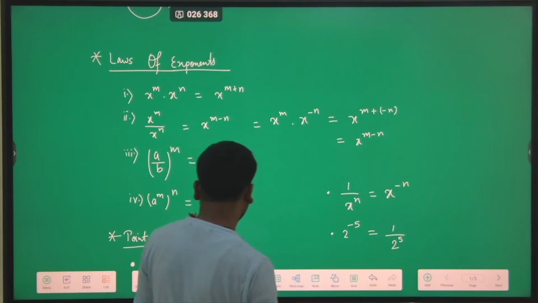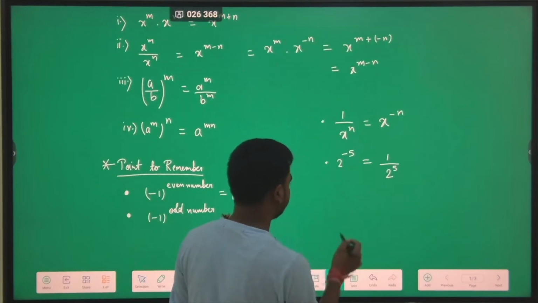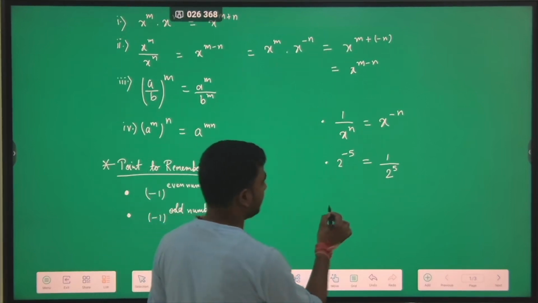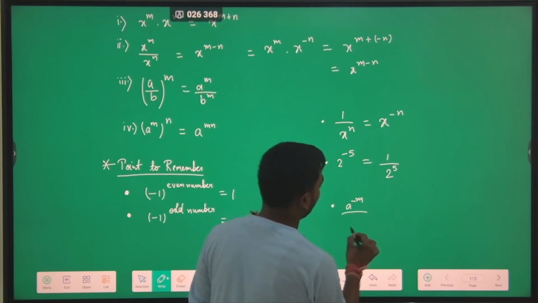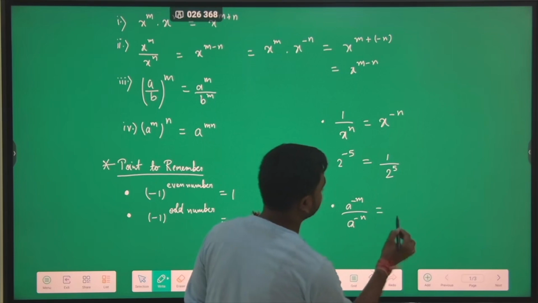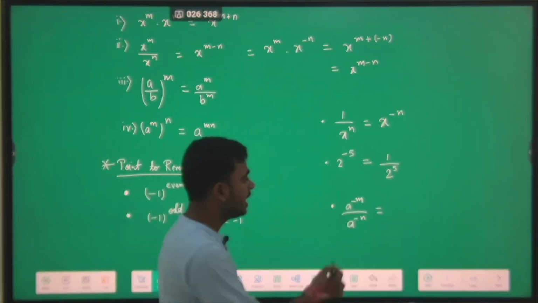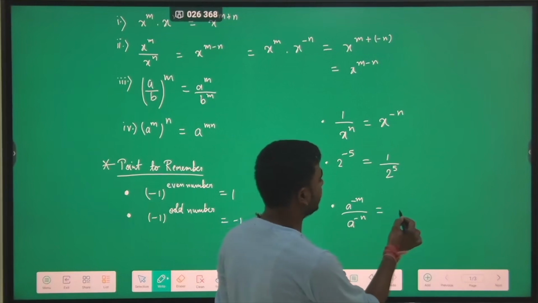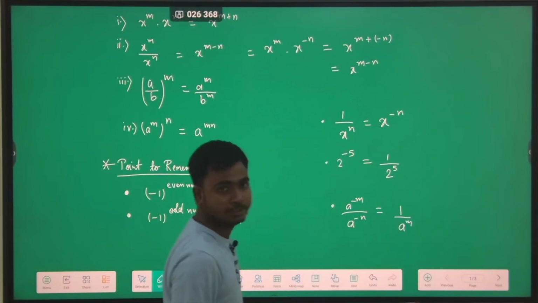If it is written a to the power minus m whole divided by a to the power minus n, what does this imply? I can write a to the power minus m as 1 upon a to the power m.